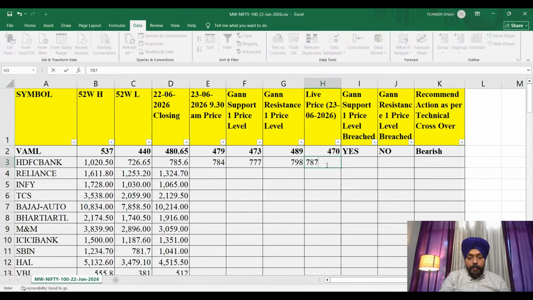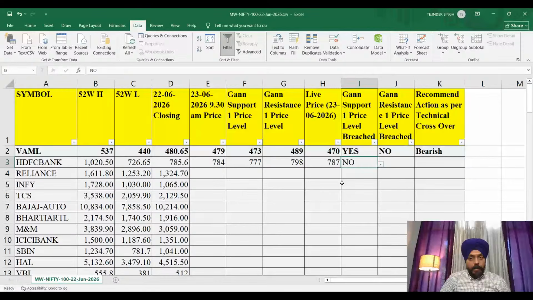Now you tell me. As per this, do you think that the level 1 support price level is breached? The answer is no, because it has not gone below 777. At the same time, it has not gone above resistance 798. So what is your recommended action?